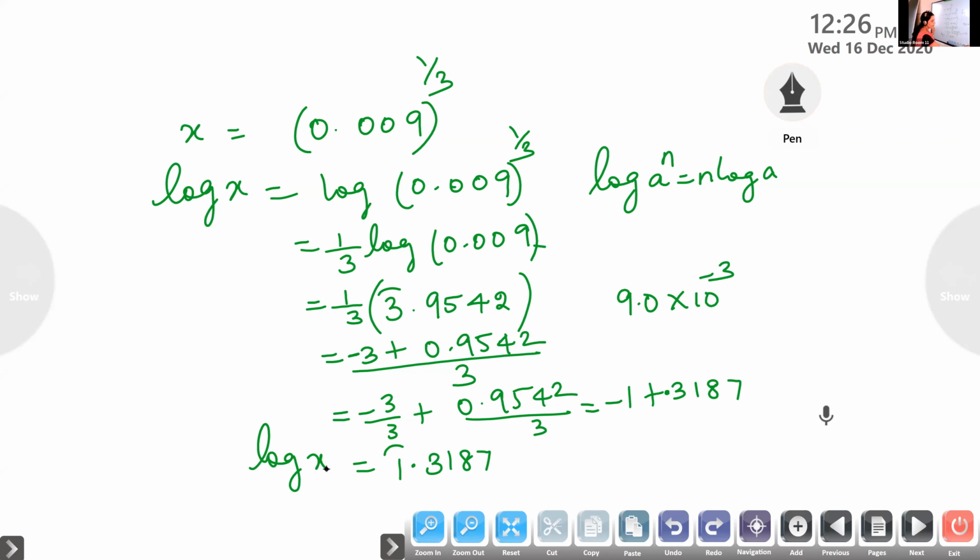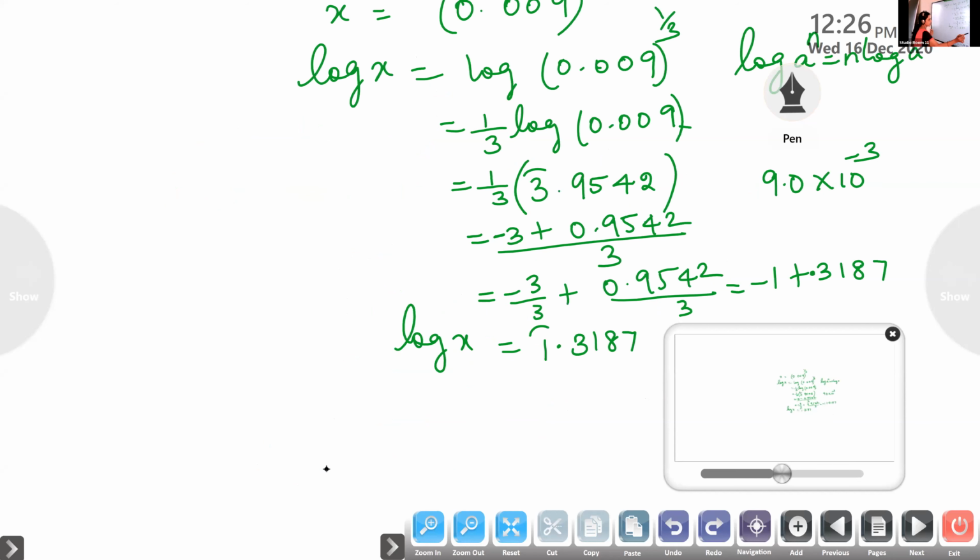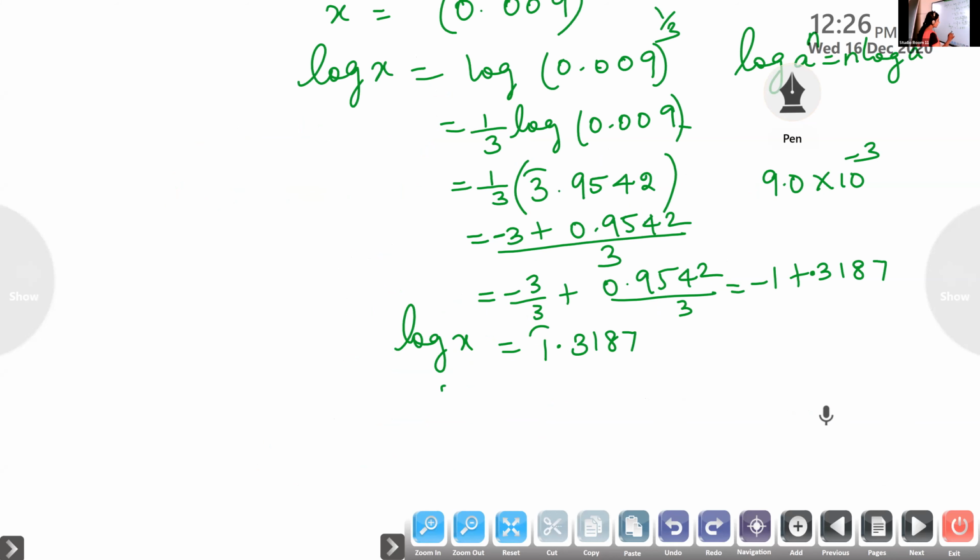But what we want to find is x. So what will be x? x is equal to antilog of 1 bar point 3187. Whenever we take antilog, we consider only the digits after the decimal point, 3187.